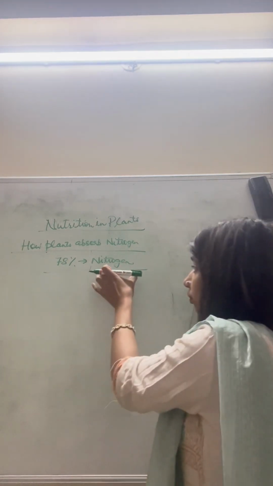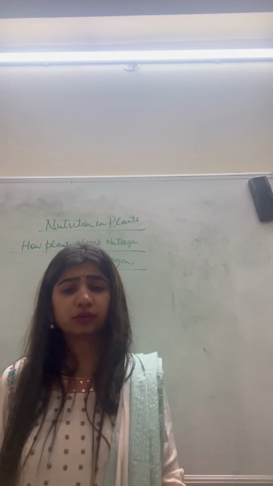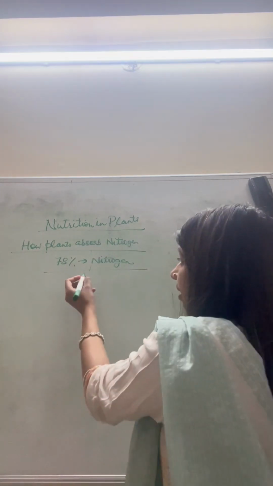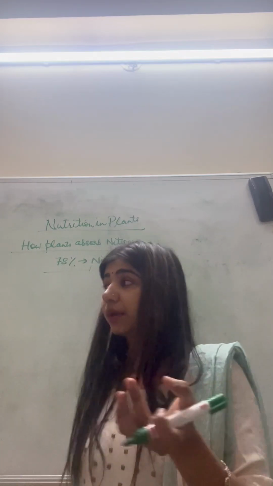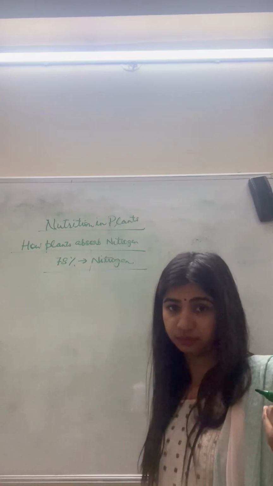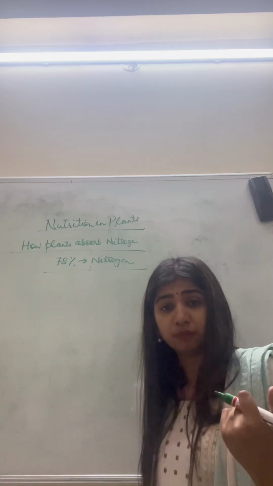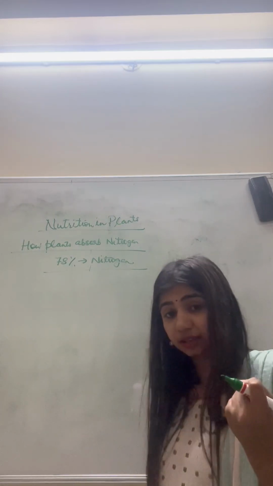Nitrogen is present in abundant quantity, but still plants cannot absorb this nitrogen directly. Plants need nitrogen in some usable form. Plants cannot absorb this nitrogen gas directly.